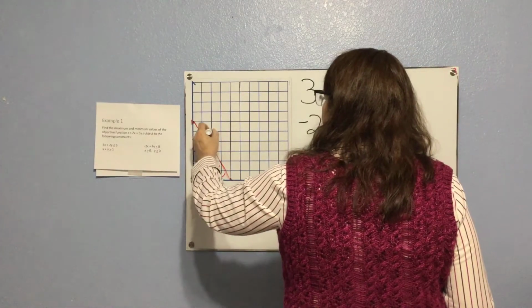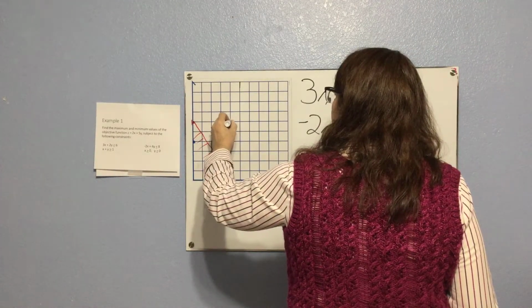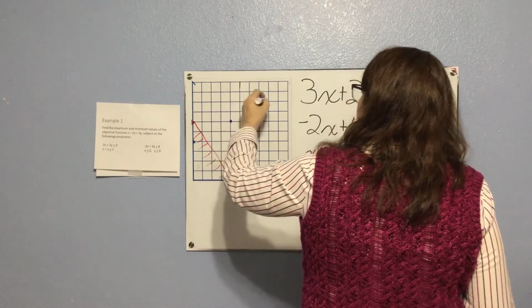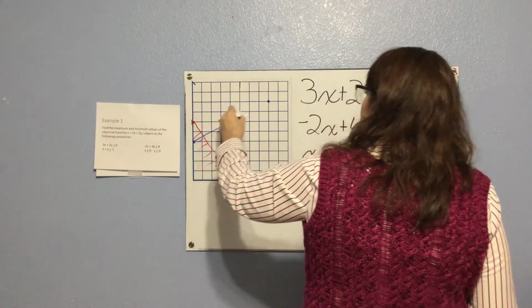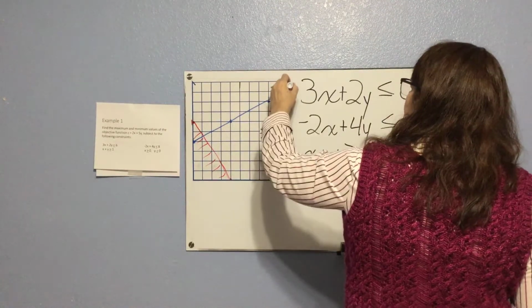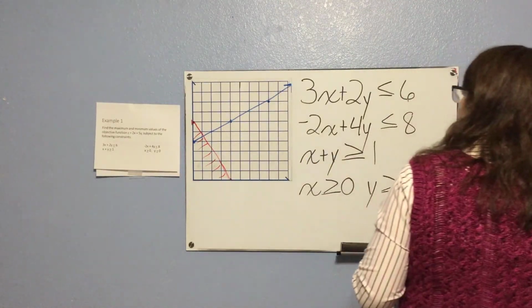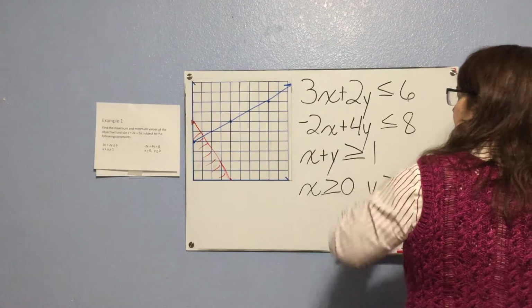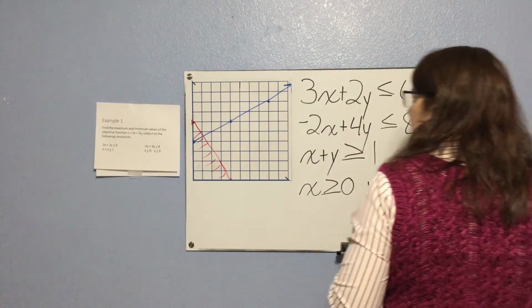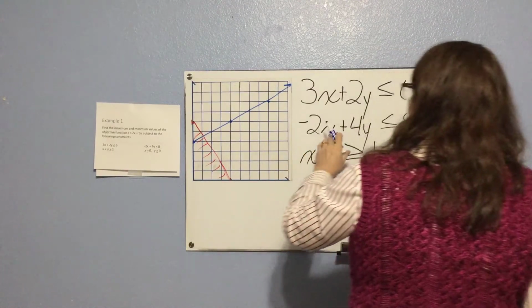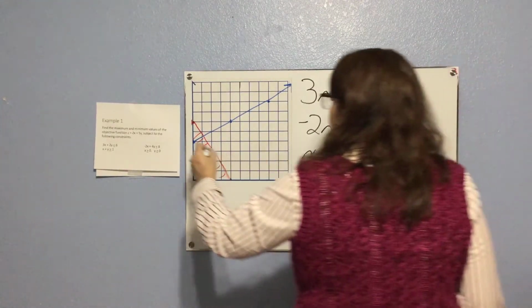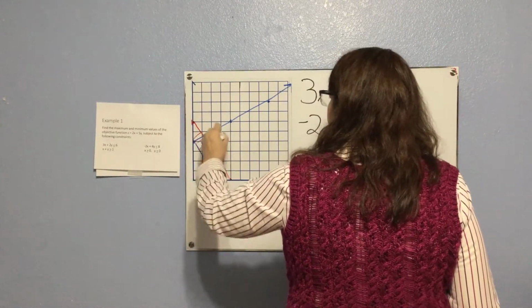So up 1 over 2, up 1 over 2, up 2 over 4. So that's the line for that constraint. And we want to be less than 8. So again, choosing 0, 0, that'll make it true, so we know that we've got to go this direction.